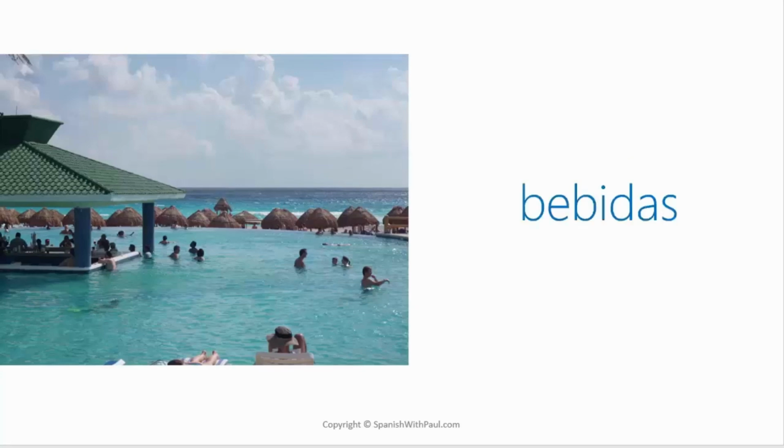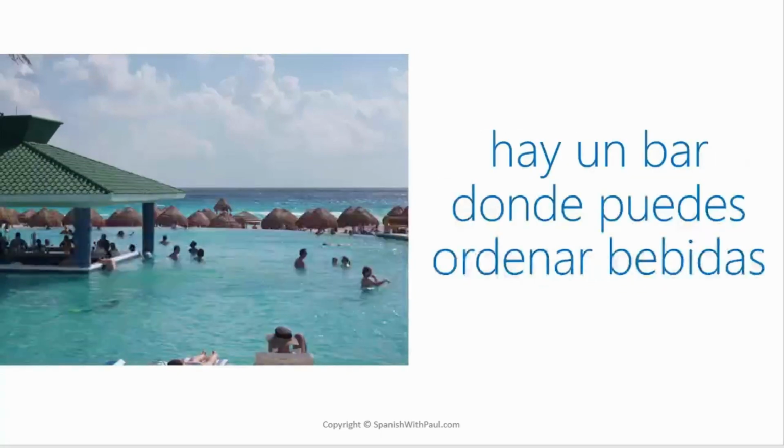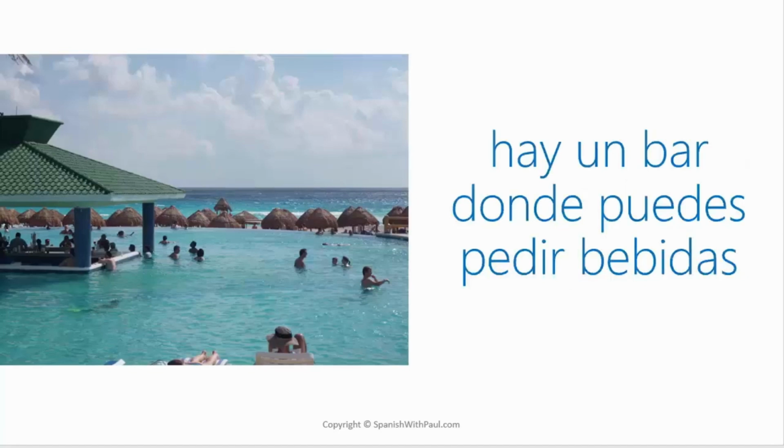Bebidas. Now, how would you say, there's a bar where you can order drinks? Hay un bar donde puedes ordenar bebidas. Let's do that same sentence now, but with the verb pedir. There's a bar where you can order drinks. Hay un bar donde puedes pedir bebidas.